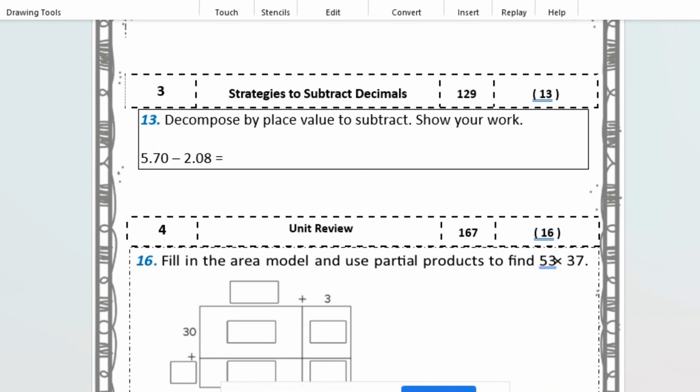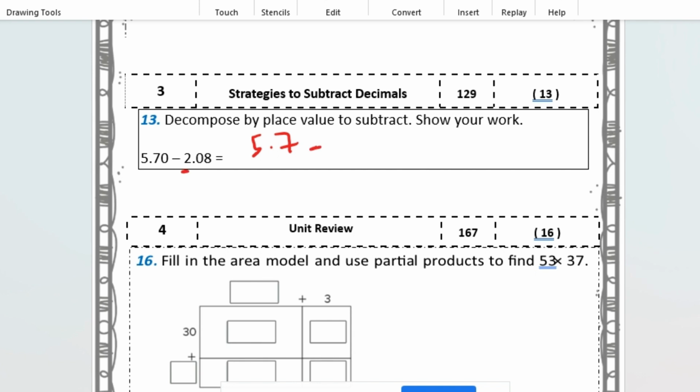Okay, now the question here says we decompose by place value to subtract. We want to show our work here. So it's quite similar to the question before it. So it's 5.7 minus 2.08. We start with the ones.